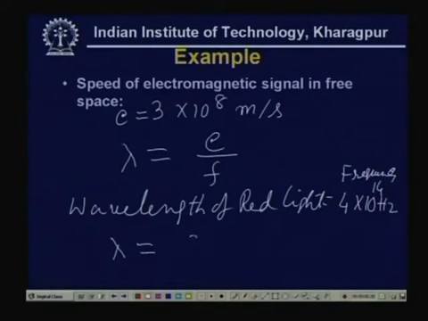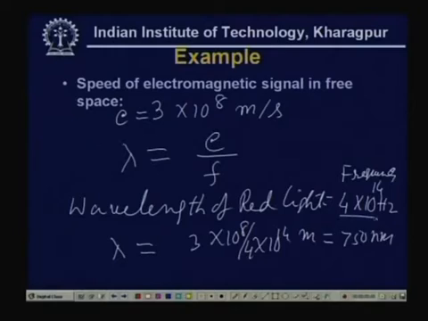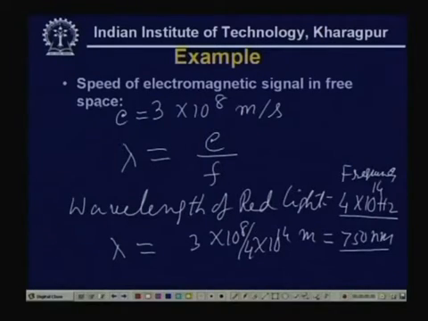Lambda is equal to 3 into 10 to the power 8 by 4 into 10 to the power 14 meter. That is equal to 750 nanometer. So you see the frequency is very high, but the wavelength is small for red light. So this is how the speed and frequency can be correlated, and this is the speed in free space.